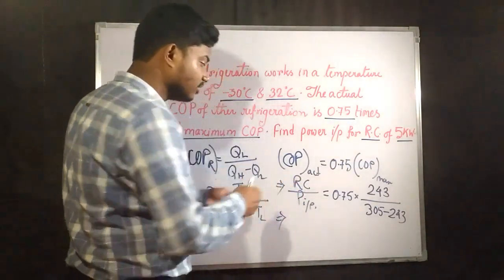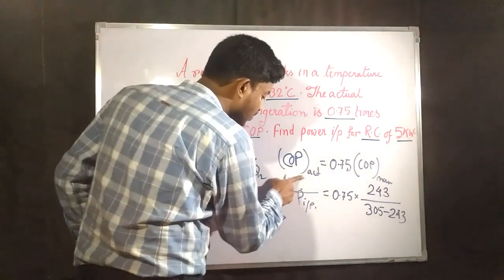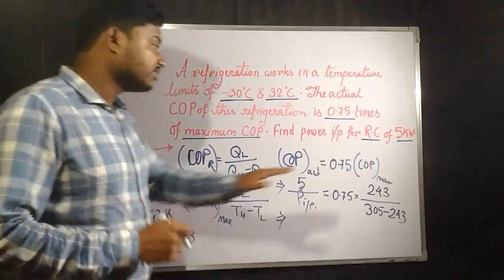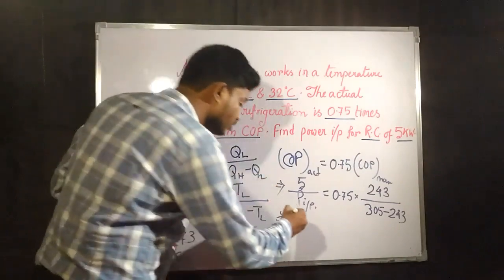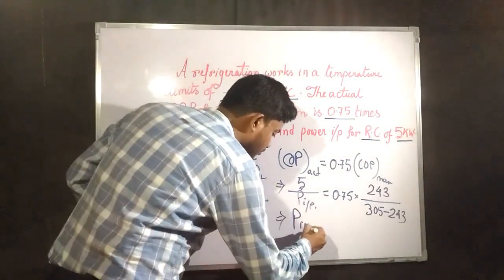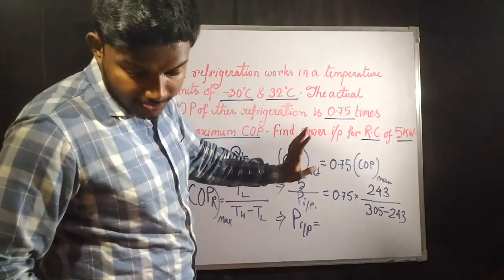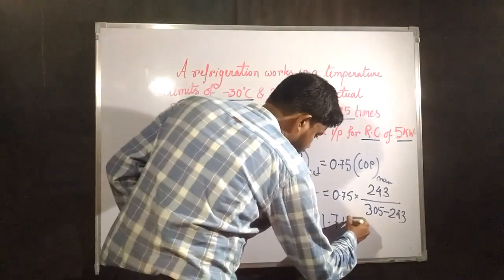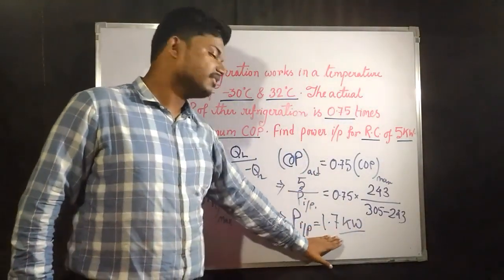And this RC, refrigeration capacity, is given as 5 kilowatt, so in place of refrigeration capacity I am writing 5. So what is going to be the power input? The power input you can find out from here, this would be 1.7 kilowatt.